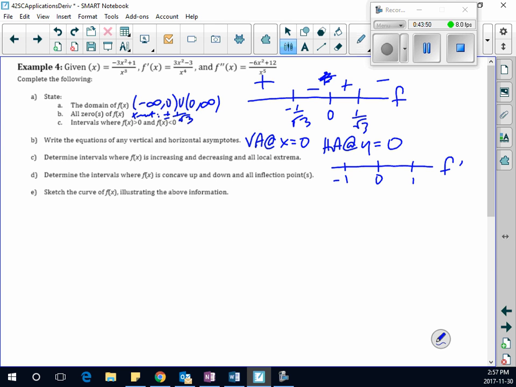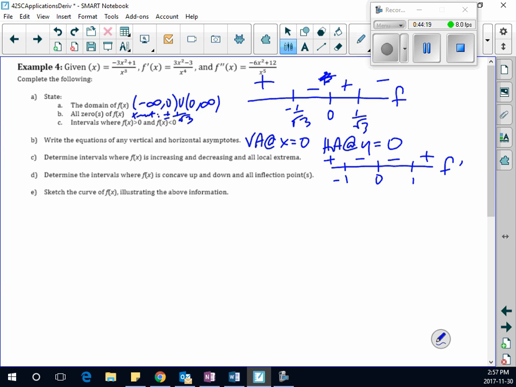If I put negative 2 in there, I'll get positive, yes? Somebody check my work. If I put, say, 0.1 in there, it'll be very small, it'll be negative, right? And then it'll still be negative, and then it's positive again. So that means it's increasing, decreasing, decreasing.